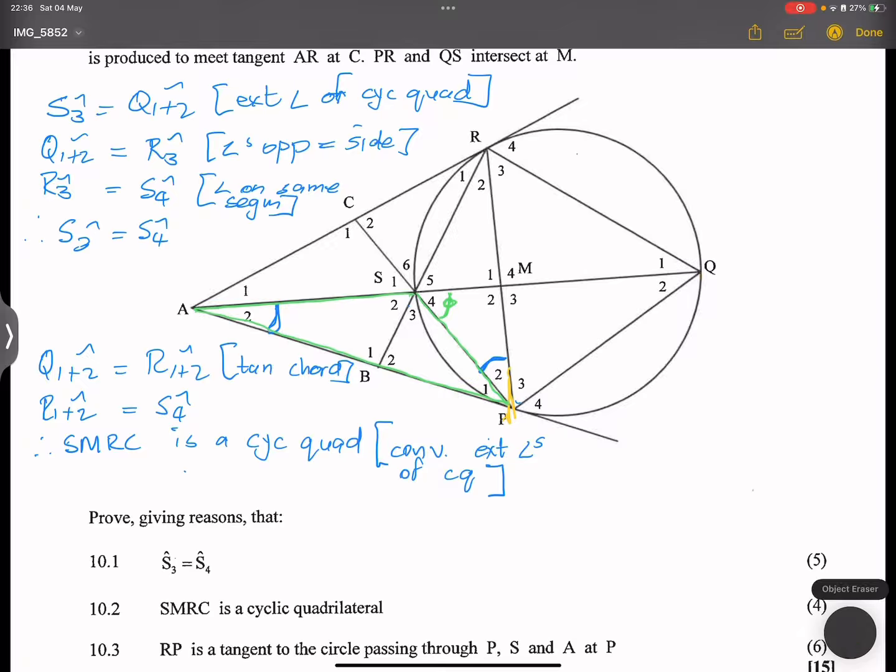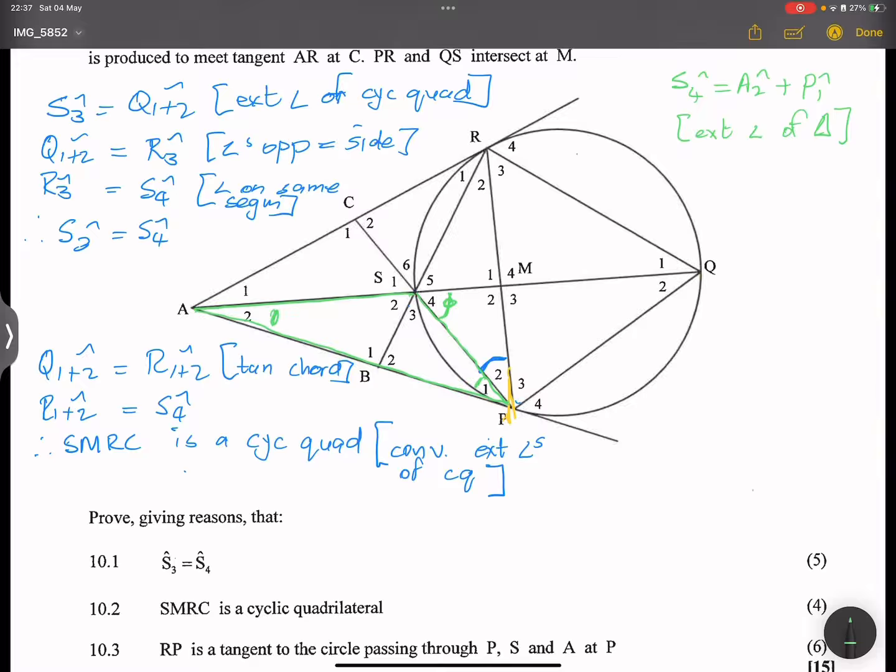And so it would be equal to A2 plus P1. So I'm going to start there and say S4 is equal to A2 plus P1. And what is this? This is the exterior angle of a triangle, right? All right, so we know what S4 becomes.